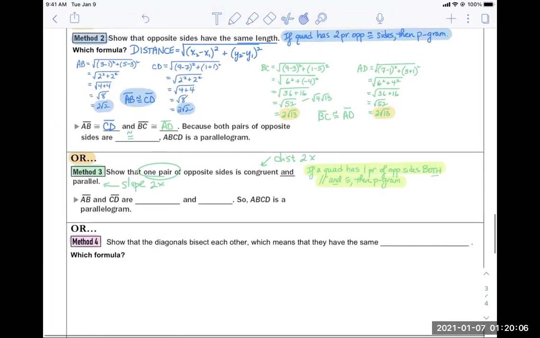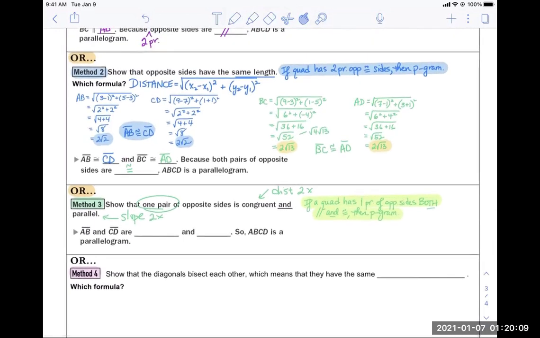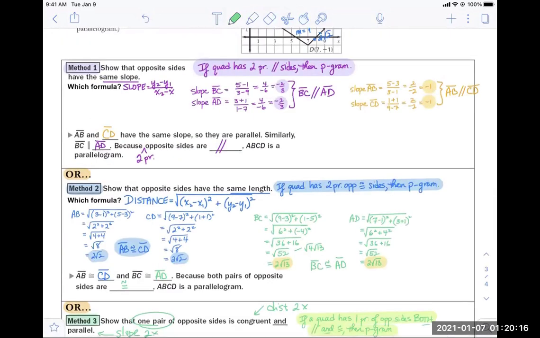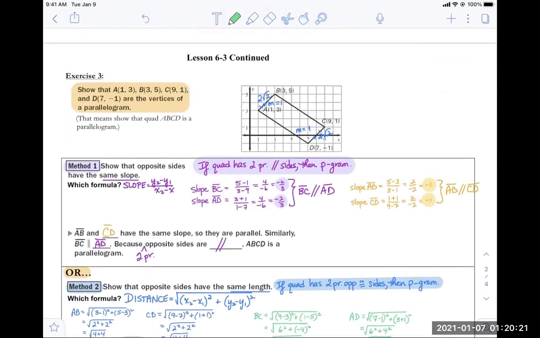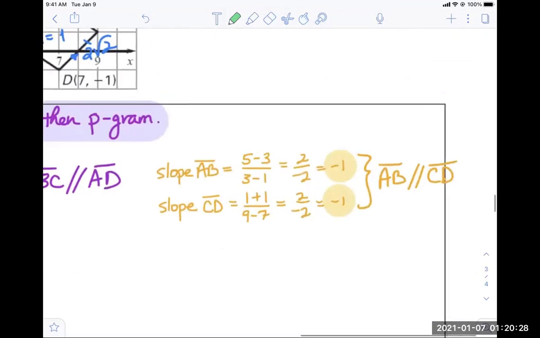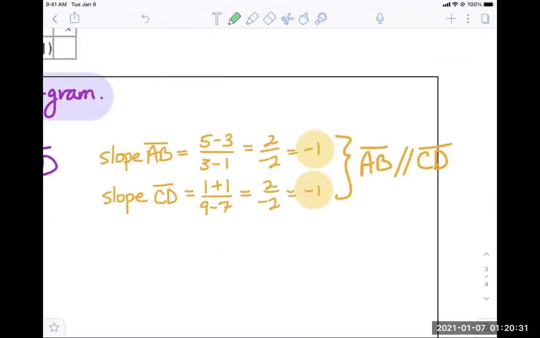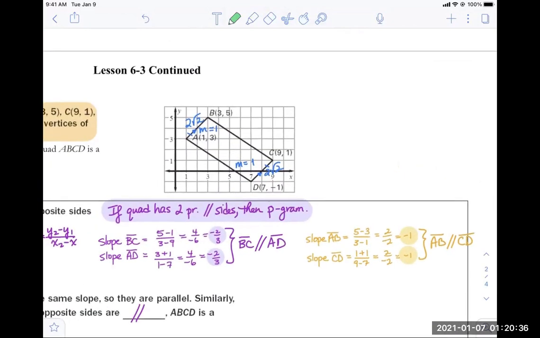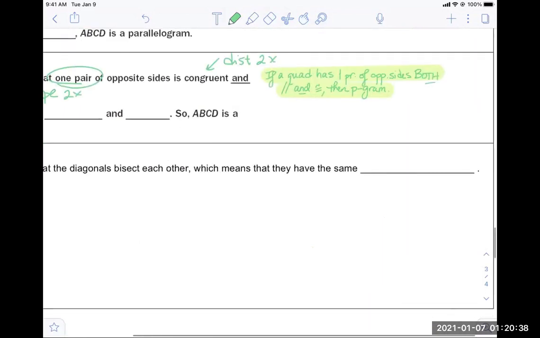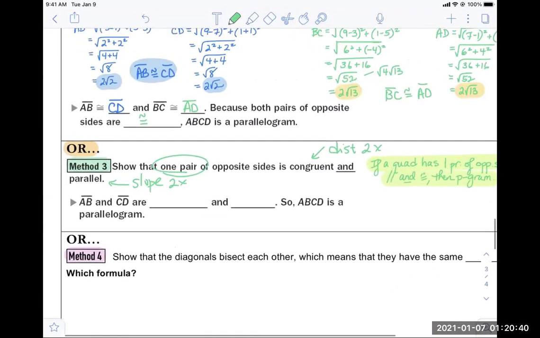Now, again, we've already done the work, so we know the slopes are both 1 and the lengths are both 2 root 2.